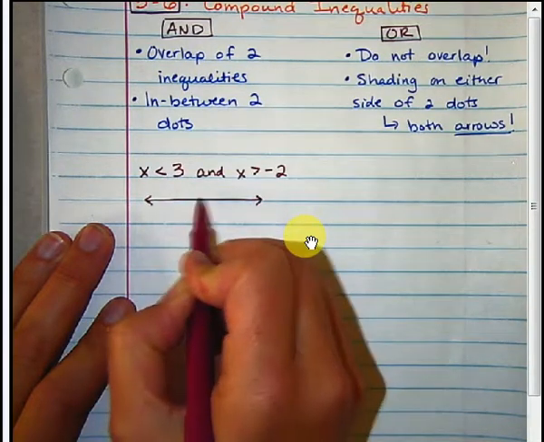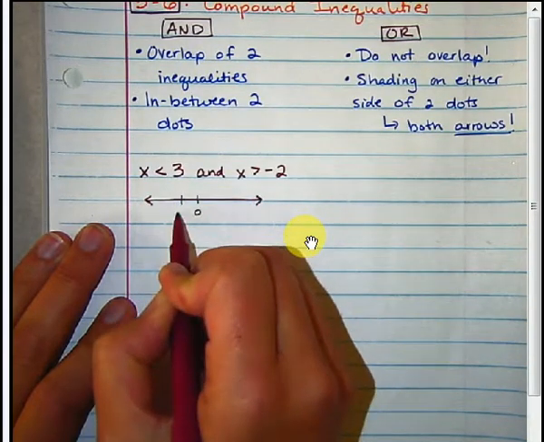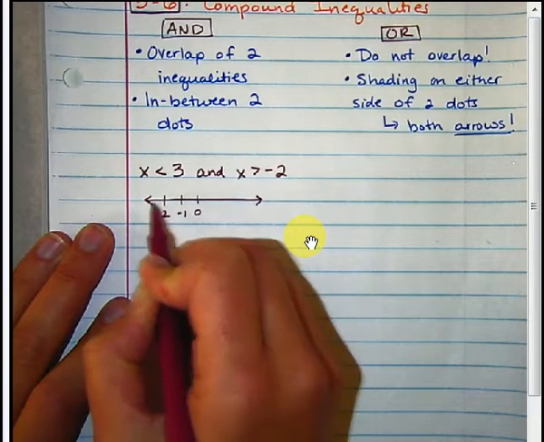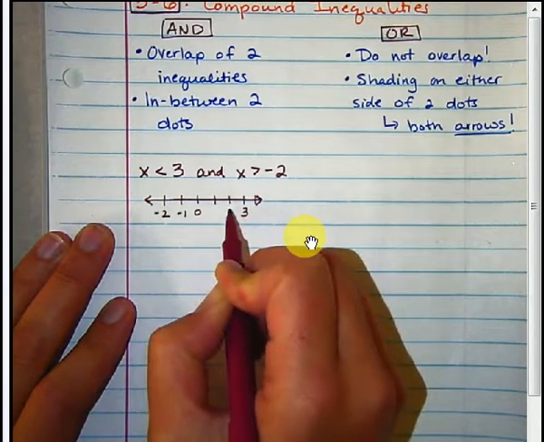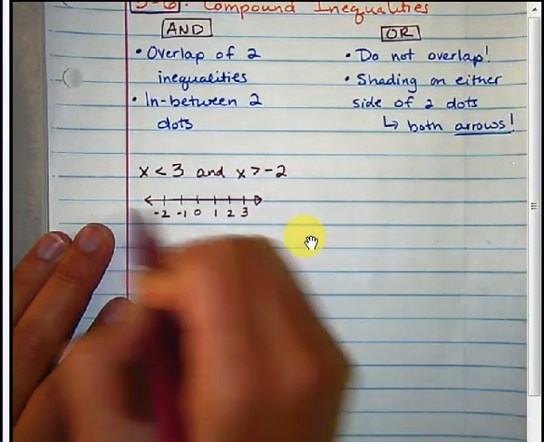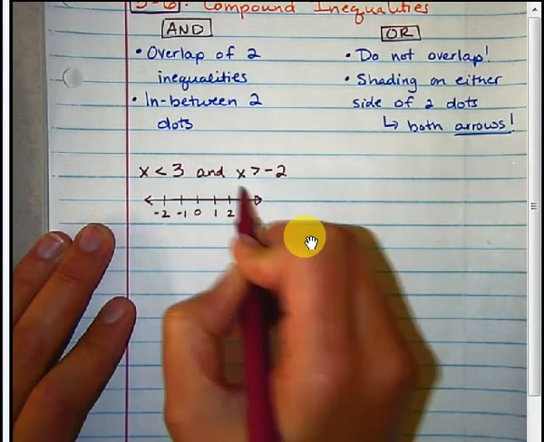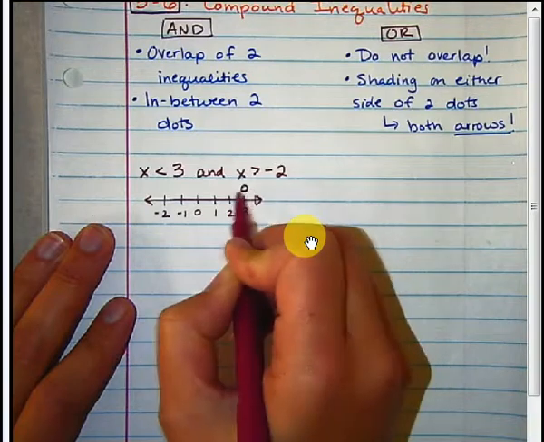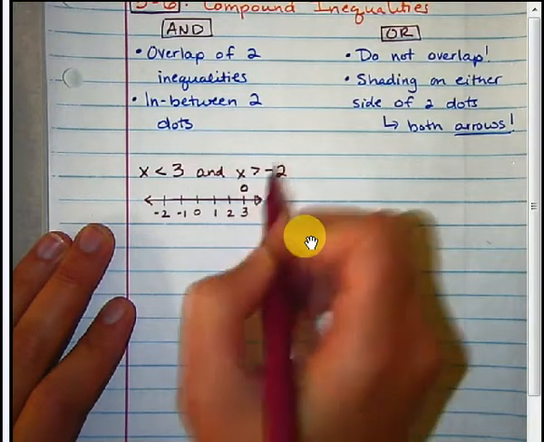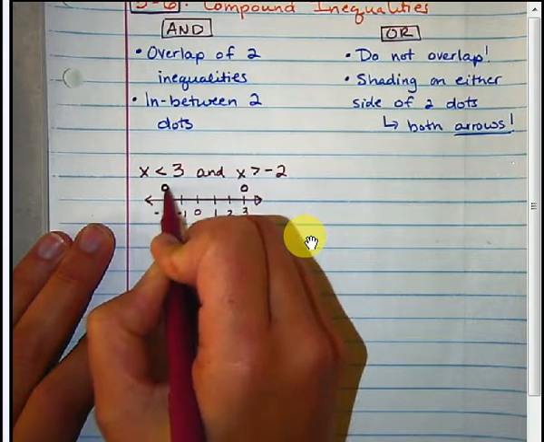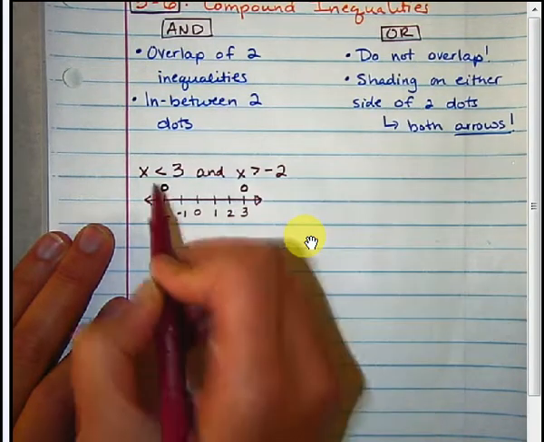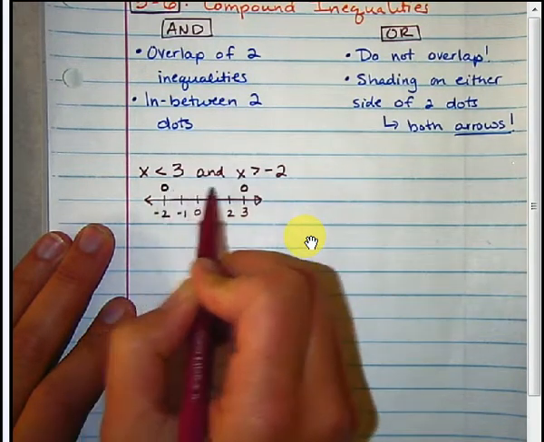So let's look at what that looks like. Let's say I've got 0. I'll put 0 here, -1, -2, 1, 2, 3. Put one more. There's that. All right, so x is less than 3. That's an open circle, and I'm going to be shading less than. But I also know that x is greater than -2, so I'm going to put a circle at -2, and it's greater, so it's this way.